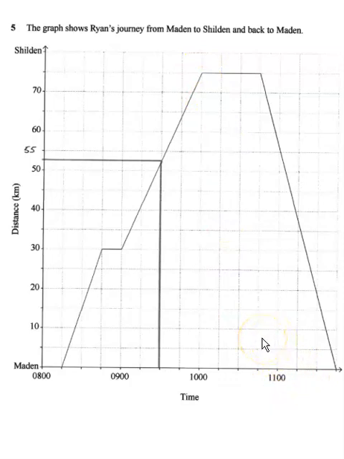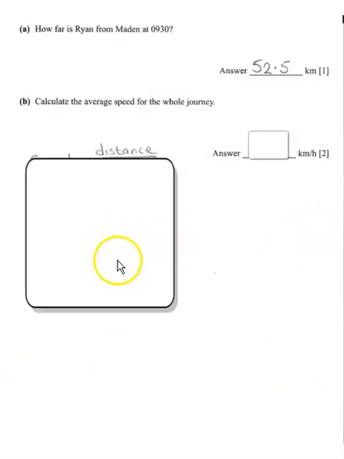For the time, because these are 15-minute blocks, you can see that this is 8:15. Then we go to 9:15, which is an hour, 10:15, 2 hours, 11:15, which is 3 hours, and then we've got 30 minutes here, 15 plus 15. So that's 3.5 hours.